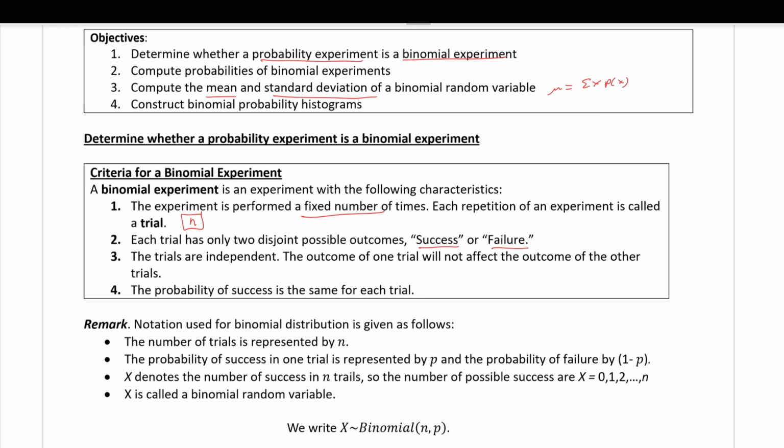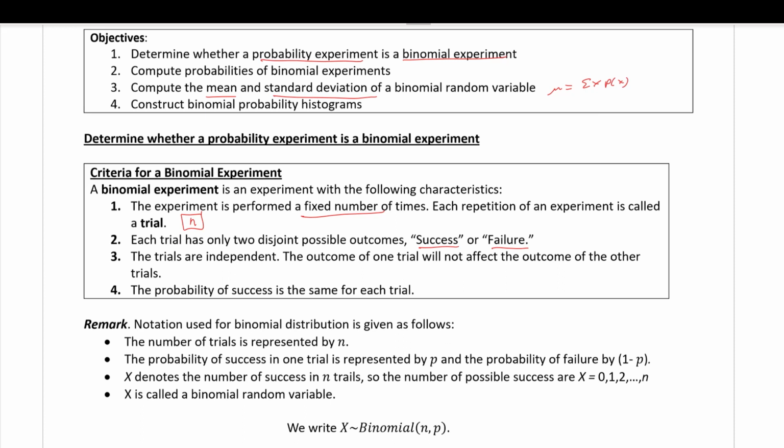Each trial is independent of the others. Again, for things to be independent, it just means the outcome of one trial does not affect the outcome of another trial. And then the probability of success is the same for each trial. Okay. So if we look at our previous example, does it meet these criteria?